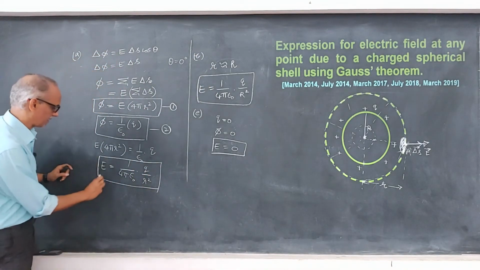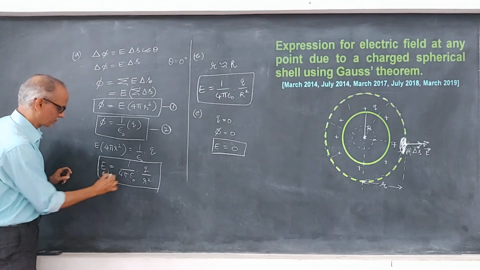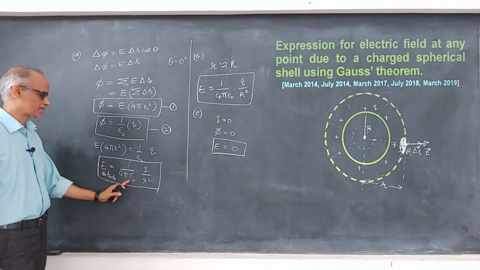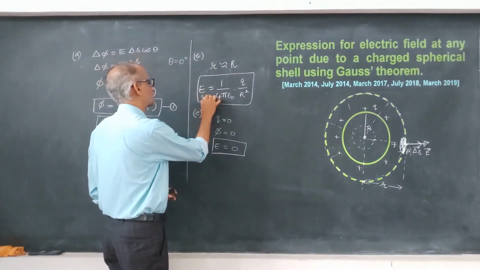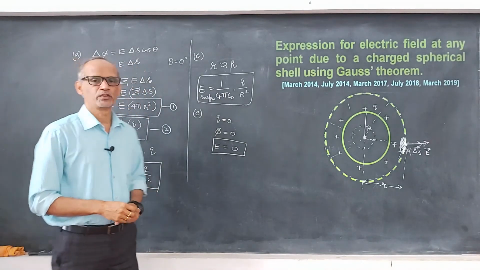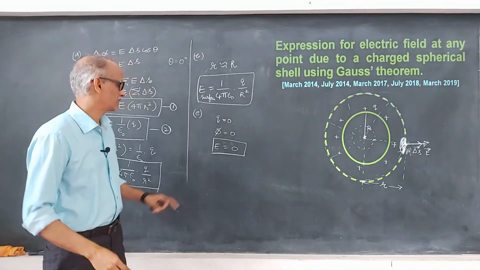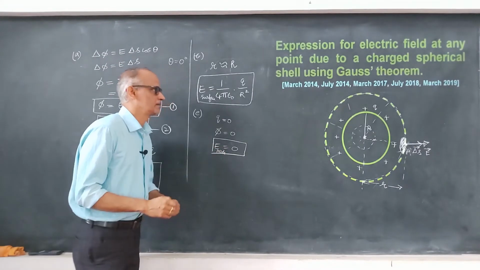Electric field at any point well outside is given by 1 by 4 pi epsilon naught Q by r square. At a point on the surface, E surface is 1 by 4 pi epsilon naught Q by R square, and then at a point inside, the electric field is 0.